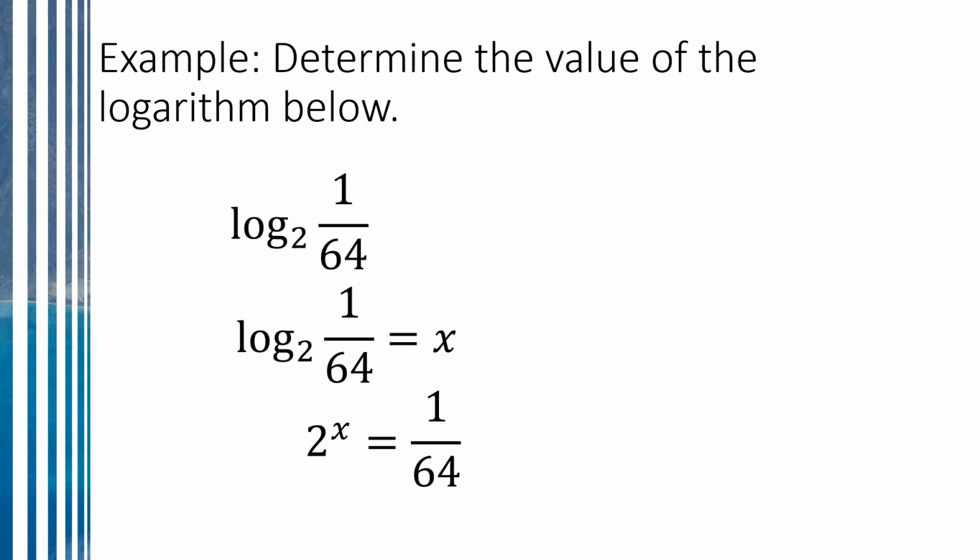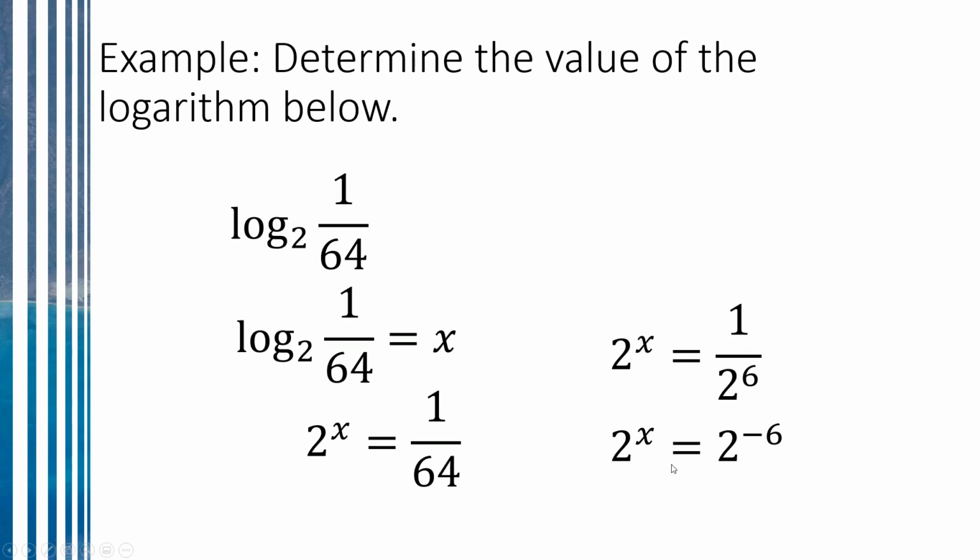Now, in the denominator, we can make this 64 with the base 2. So we could say 1 over 2 raised to 6, because 2 raised to 6 is equal to 64. Now we are going to put this 2 raised to 6 in our numerator.